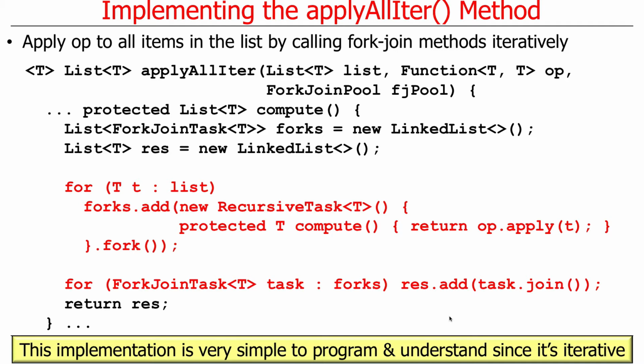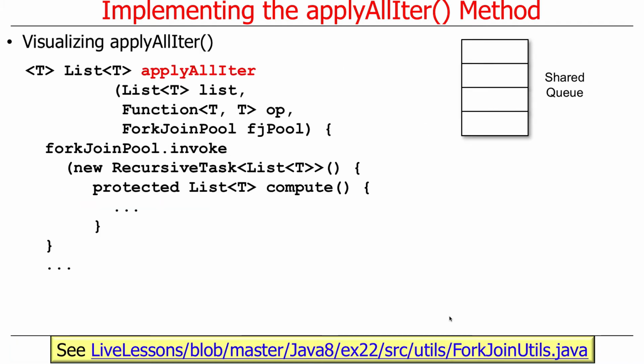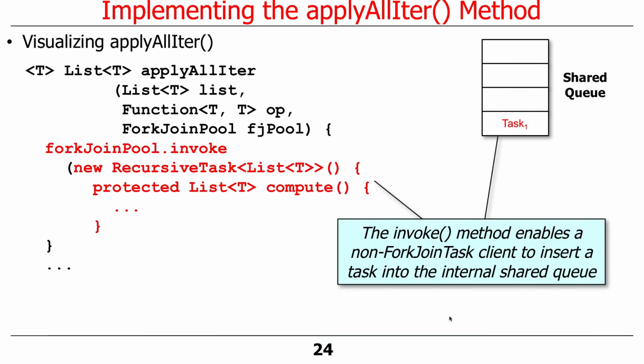Once you get your head around the basic ideas, this implementation is actually pretty simple to program and understand, because it's iterative. Fork all the tasks, join all the tasks, we're done. Let's visualize what things look like. I'm just going to show little snippets of the code, and I'll show you what's going on under the hood. When I say ForkJoinPool invoke, that adds this task to something called the shared queue.